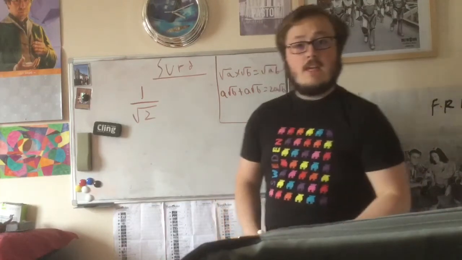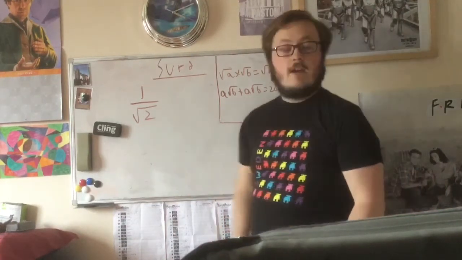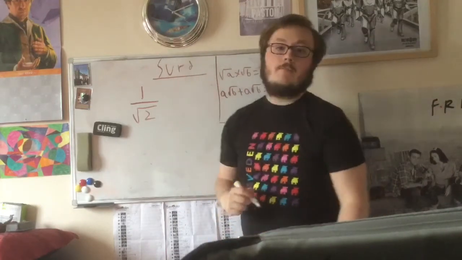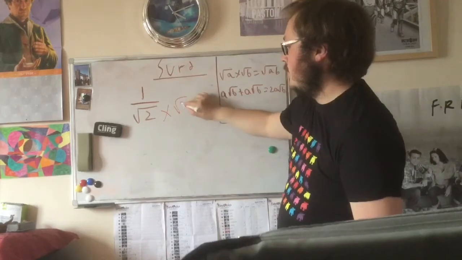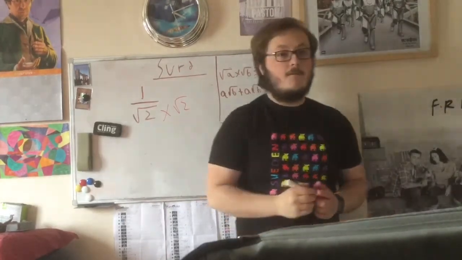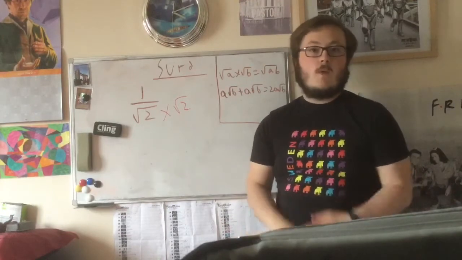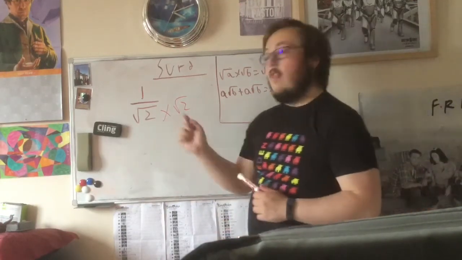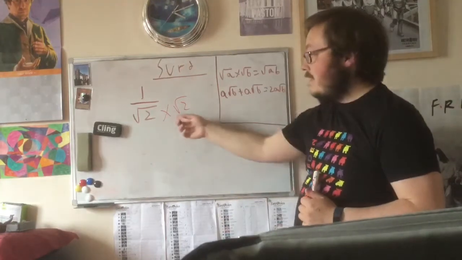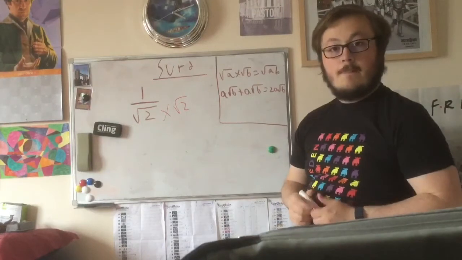Do you remember in the challenge recap how I got rid of that root sign? When you multiply that surd by itself, because root 2 times root 2 becomes root 4, and 4 is a square number, so root 4 becomes 2. So when you multiply a surd by itself, you have transformed it into a rational number.